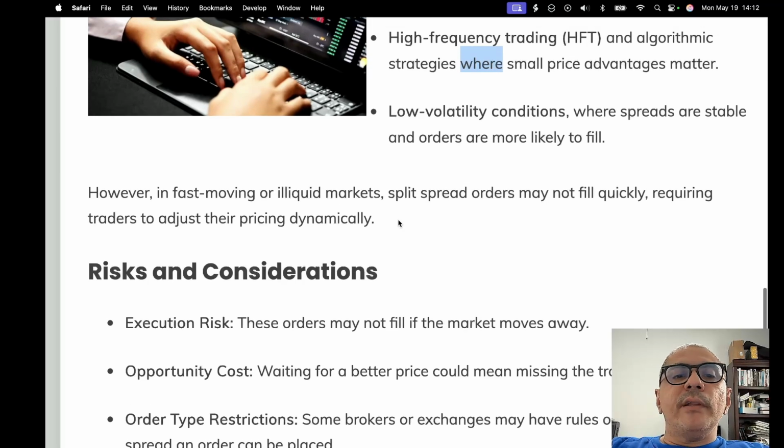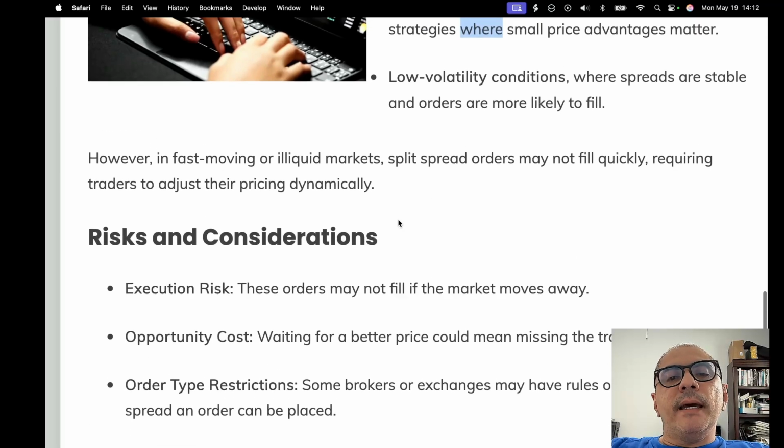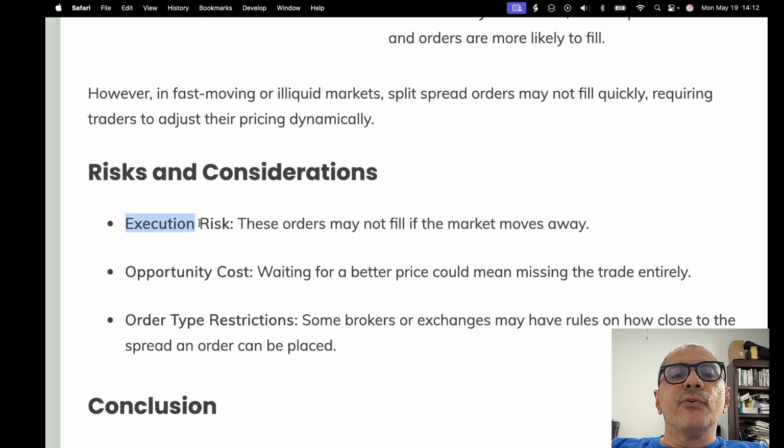The only disadvantage of doing this is that there is execution risk. In other words, there is the risk that your orders will not be filled at that particular price. So this is something that you do when you are not rushed in the particular trade you want to do.